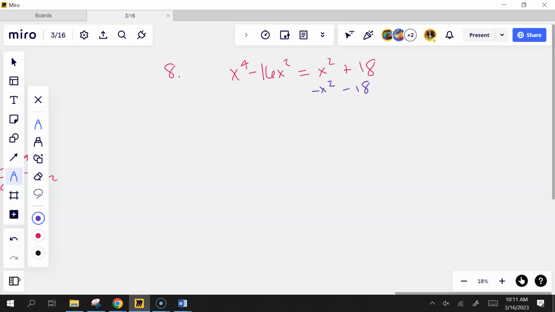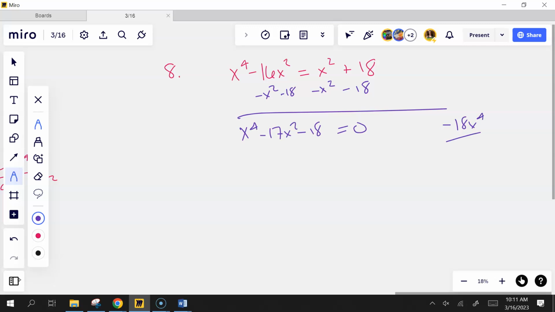Alright, I'm gonna make it equal 0. And now I look, is it a special pattern? Can I slash it? Does it factor? It does, it factors because I've got even, half, constant, right? That's what I'm looking for. So what multiplies to negative 18x to the fourth but adds to negative 17x squared?